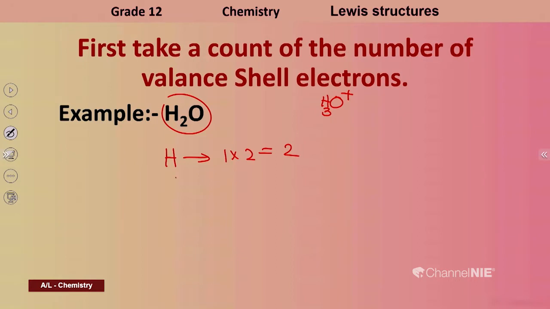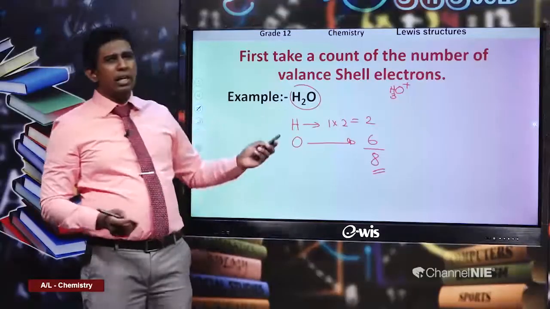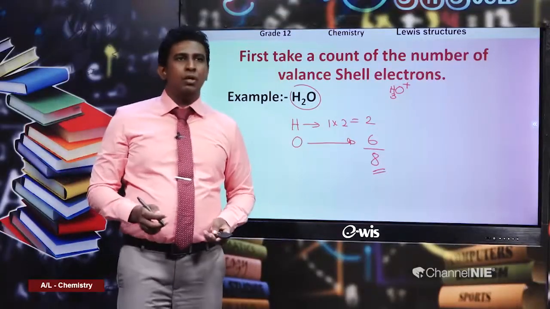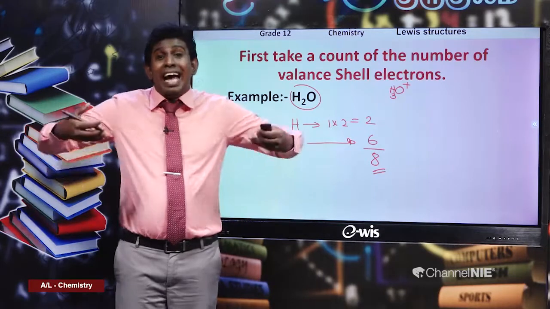Then students, when you talk about oxygen, though it has 8 electrons, this is not about all the 8 electrons. This is about the outermost shell, the valence shell electrons. It's 6 only. So the count is 8. You take the total number of electrons given. If it's a molecule, it's that way. But what about it if it's an ion?